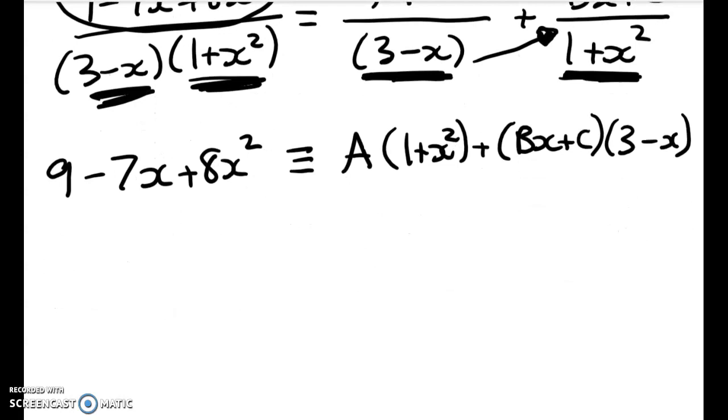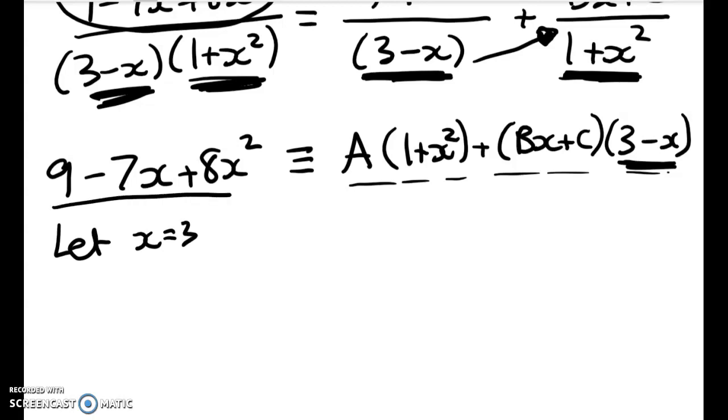Okay, there are several ways to go here, so I'm going to use a combination of matching up coefficients and substituting in. There's only one value that I can substitute in for x and make anything over here 0, and that's x equals 3. So I'll start by doing that. Let x equal 3, we're going to substitute that in on this side and then on this side.